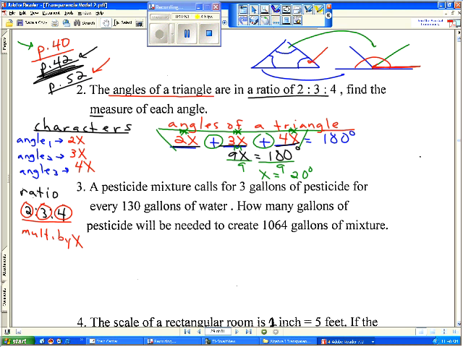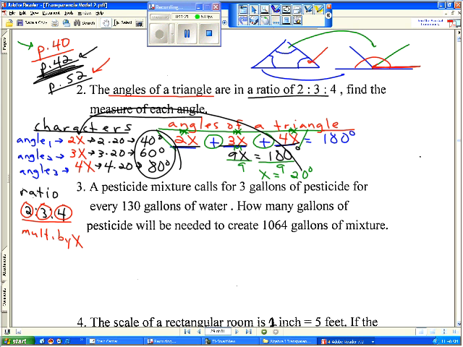It said find each one. To find each one, we take what we got for x and plug it back in. That's why I like to write characters and assign variables, because we have a place to plug back in too, right? So we're going to have 2 times 20 degrees is 40 degrees. 3 times 20 degrees, 60 degrees. 4 times 20 degrees, 80 degrees. Any questions on that?